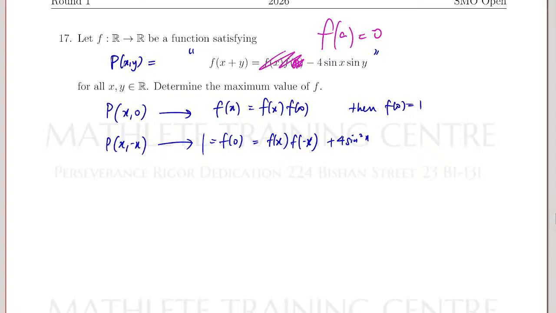Boom, this entire thing disappears. So you get sine of a times something. Then it's a very nice looking expression on the right hand side. The question becomes, can we get some value such that f(a) equals 0? Turns out the answer is yes.